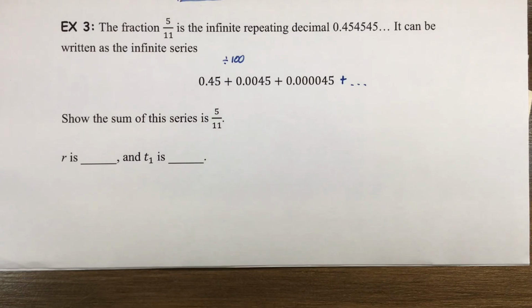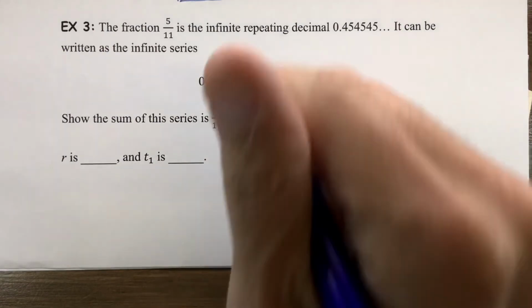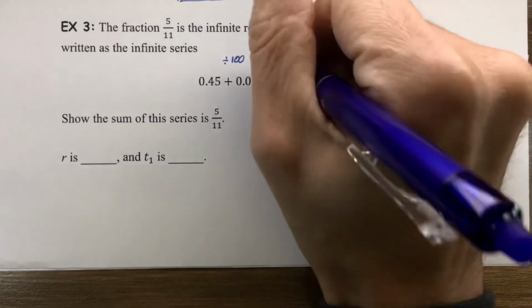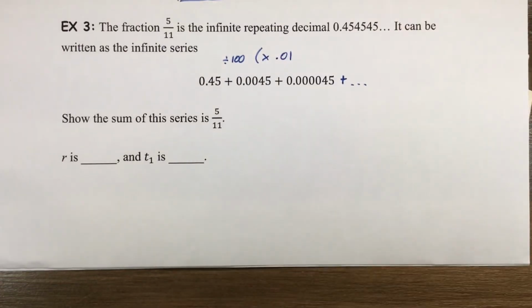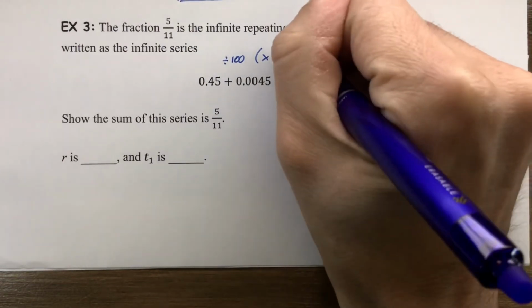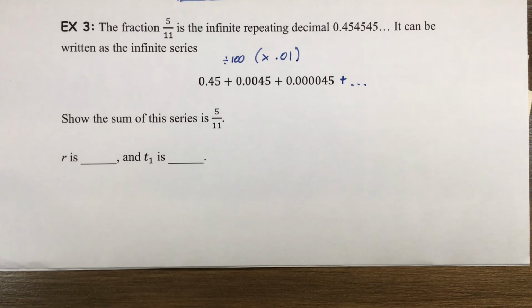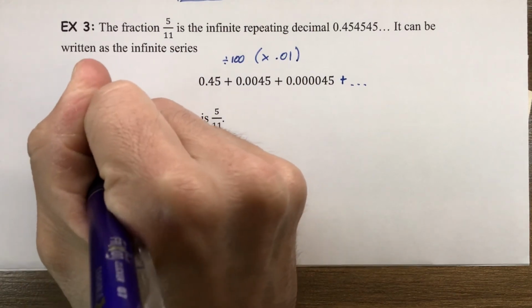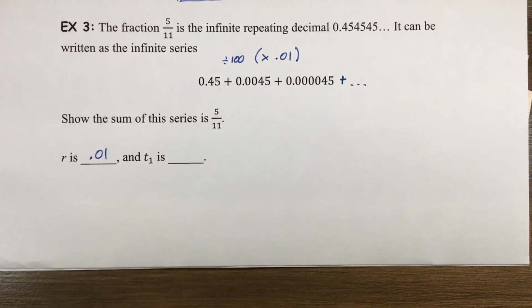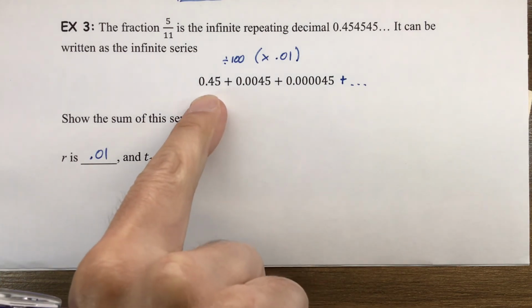Now, instead of thinking of it as dividing by 100, because that might not work well for our infinite geometric series, we'll think of this as multiplying by 0.01, or 1/100th. If you multiply by 1/100th, you get the same thing as if you were to divide by 100. So that's going to be our r value. r is 0.01.